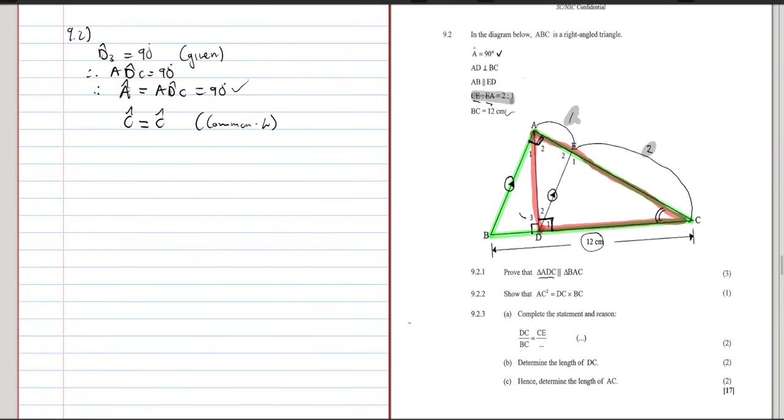So I have the first two angles being equal, and the next two angles being equal, and then we're going to have angle 2 being equal to angle B. This is the third angle of the triangle.